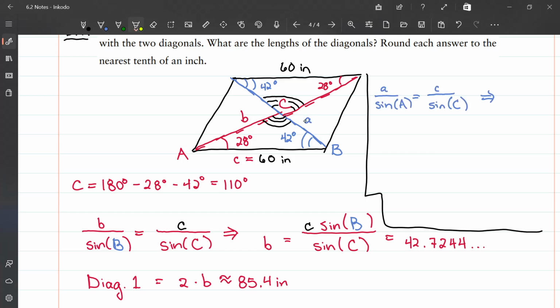Using the symbol little a to mean this blue side down here, the first half of my diagonal, I have my equation.